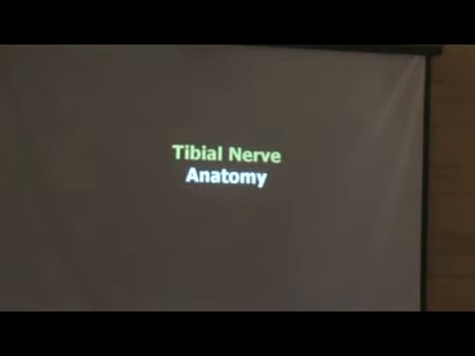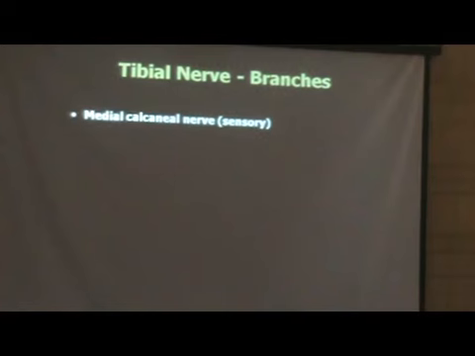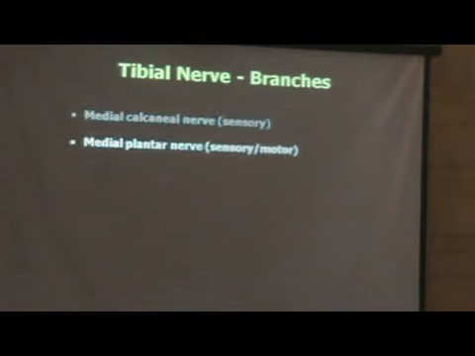So we'll start with the anatomy, and we'll start with the tibial nerve around the ankle and the foot. So the tibial nerve has main branches around the ankle, which is the medial calcaneal nerve. It's a fairly sensory nerve. Then we have the medial plantar nerve, which provides both sensory and motor innervation.